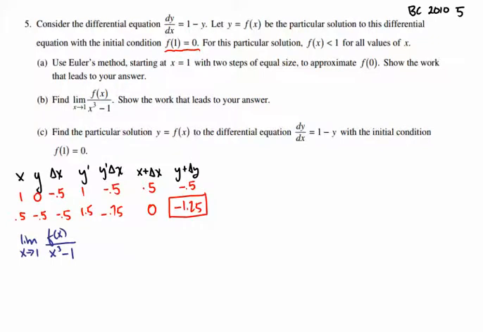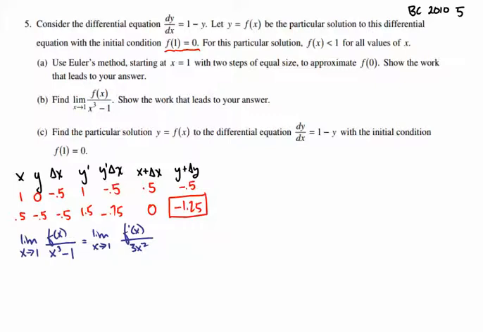We plug in 1 into the denominator, and we're also going to get 0. So we can use L'Hopital's rule here, since we have an indeterminate form, 0 over 0. And so that will be the limit as x approaches 1 of f prime of x over 3x squared.